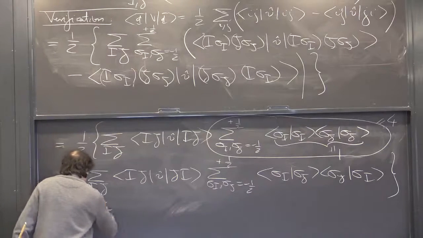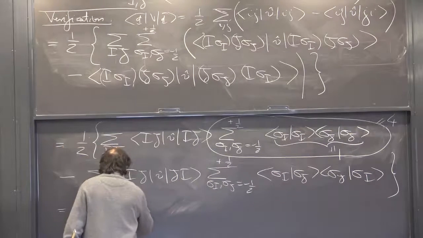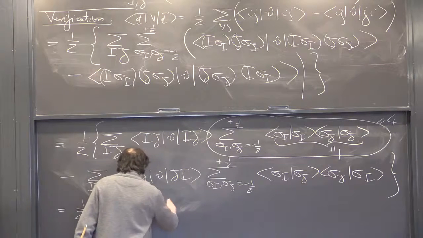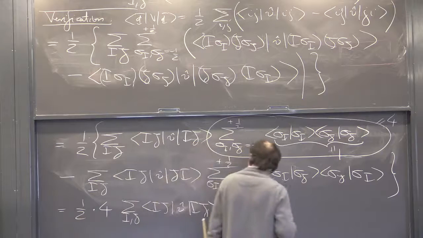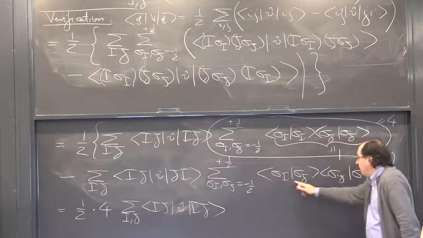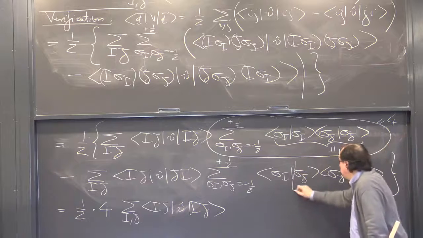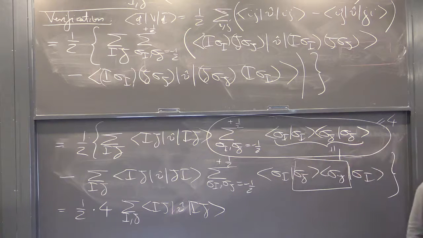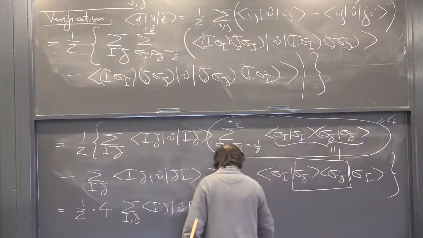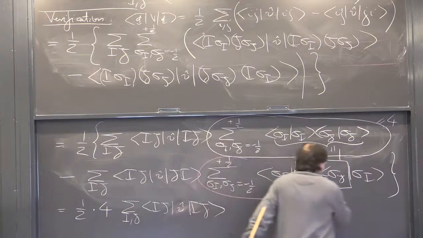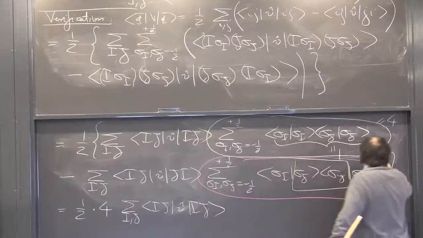So we end up with 1/2 times 4 times the summation over ij of V_ij. And in the second term, I have σ_I, σ_j, σ_j, σ_I. The middle part, when you sum it over σ_j, will give you 1, the unit operator. Then you end up with σ_I running into σ_I, summed over 2 values of σ_I. That's going to be 2.